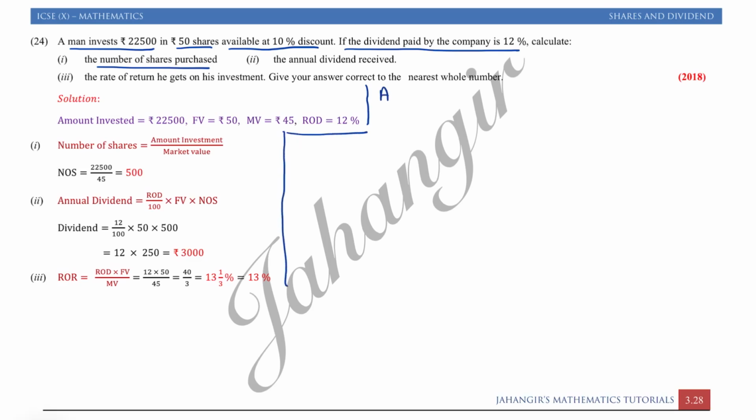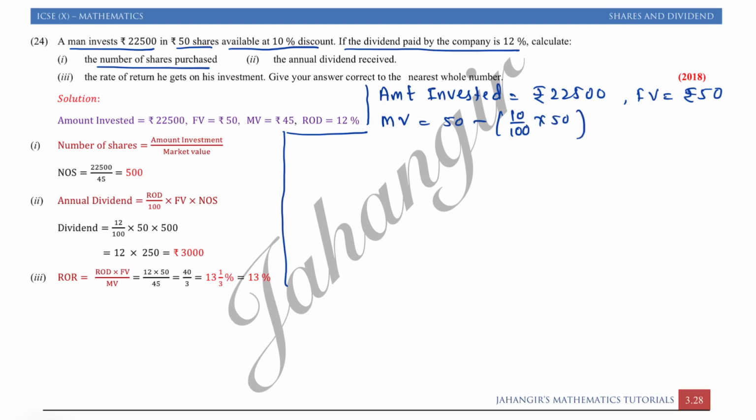Amount invested is equal to rupees 22,500. Face value is rupees 50. Available at 10% discount. The market value is 50 minus 10% of 50. So 50 minus 5, which is equal to rupees 45.